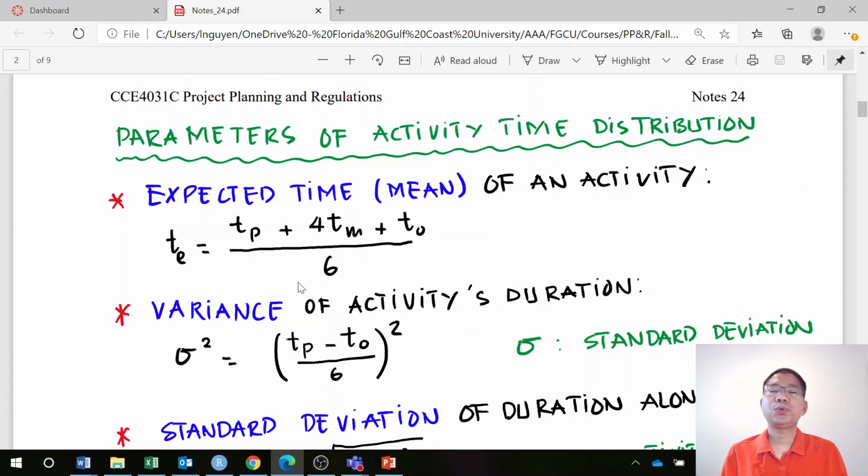As we assume the activity duration follows a beta distribution, we can determine the mean or expected time for activities as shown in this equation. TE stands for expected time, and it equals TP, pessimistic time, plus 4TM, most likely time, plus TO, optimistic time, divided by 6.